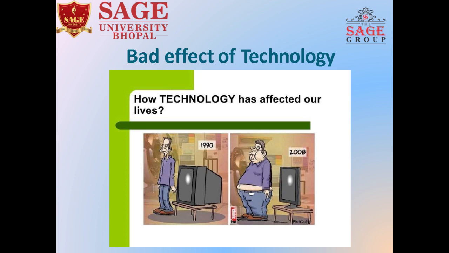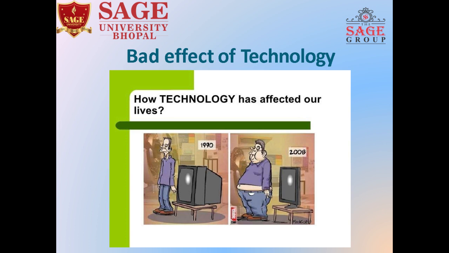Bad effects of technology. How technology has affected our lives. See, in the year 1990, the size of TVs was big and human beings were very thin and looked very smart. But what happened after 2008?